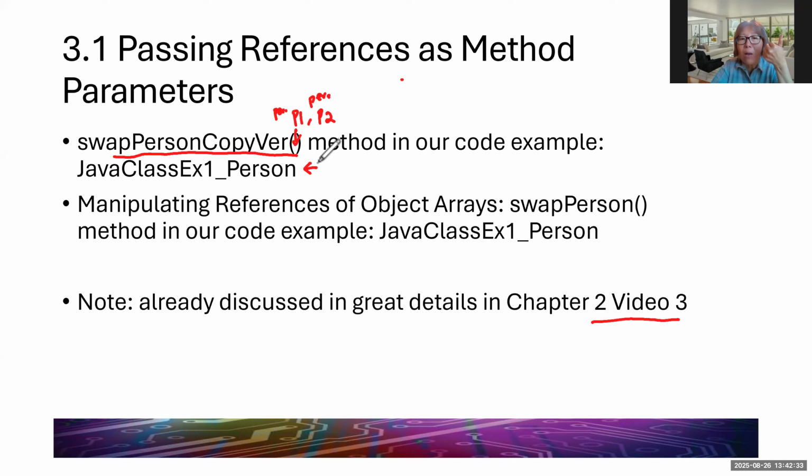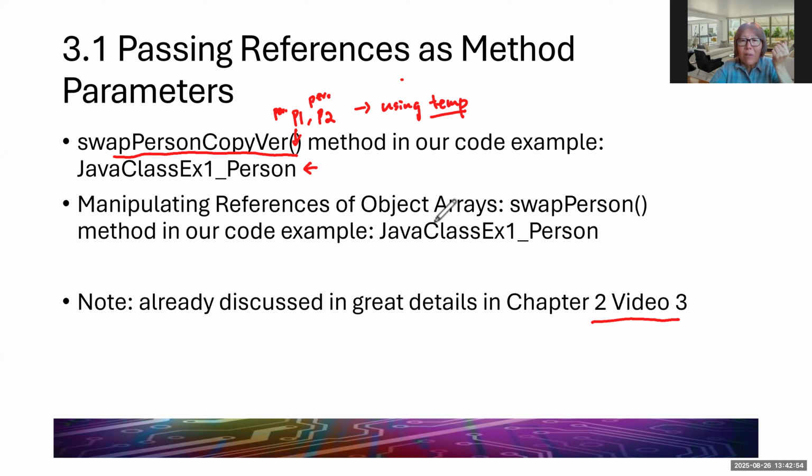After you run the method, P1 and P2 are supposed to be swapped using a temporary variable. But we saw that it didn't, and we explained that in that lecture.